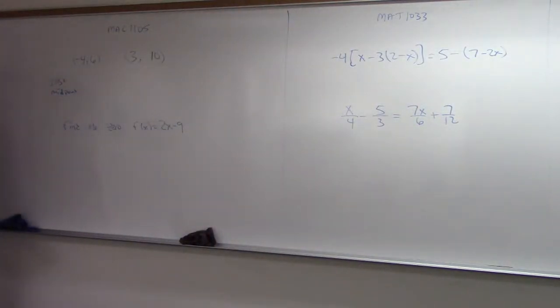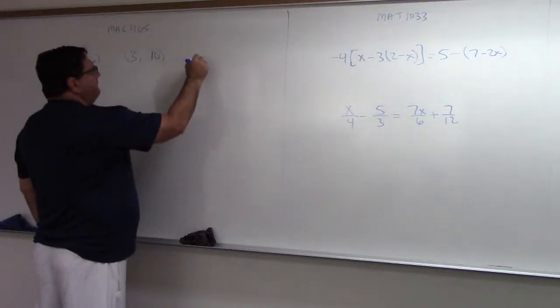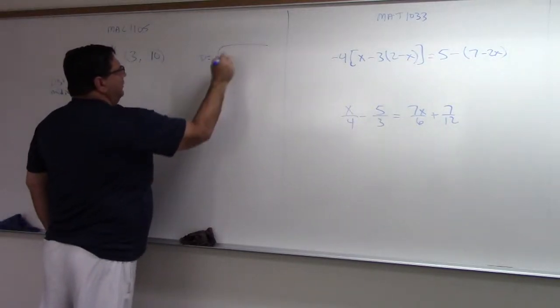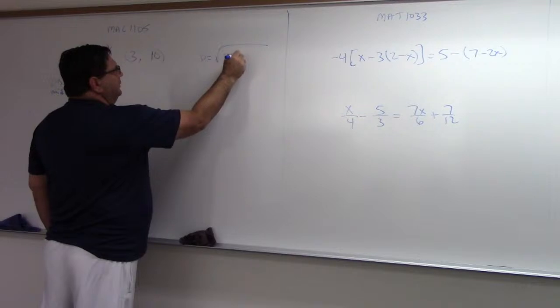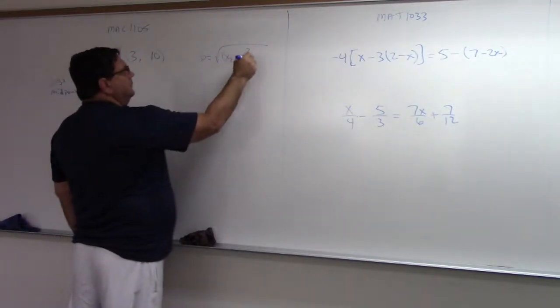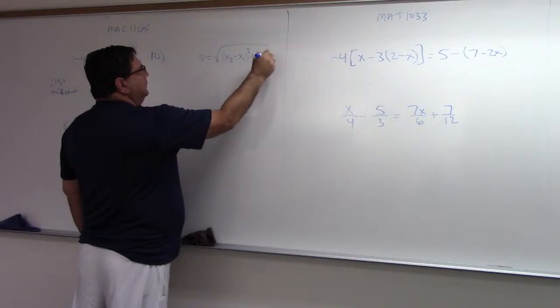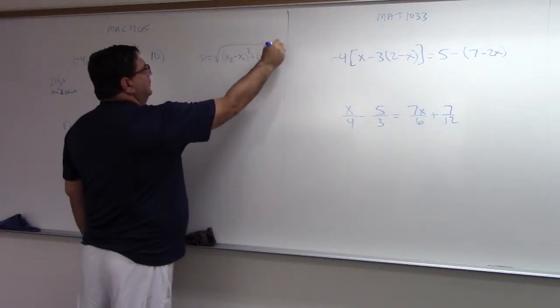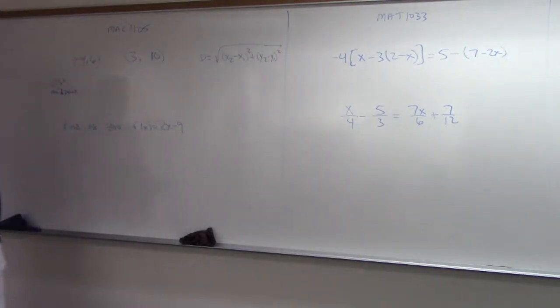Josiah, you're college algebra, right? All right. Remind me the distance formula, Josiah. What you got? X2 minus x1 squared. So we got the square root of x2 minus x1 squared, then plus y2 minus y1 squared. All right. Good.